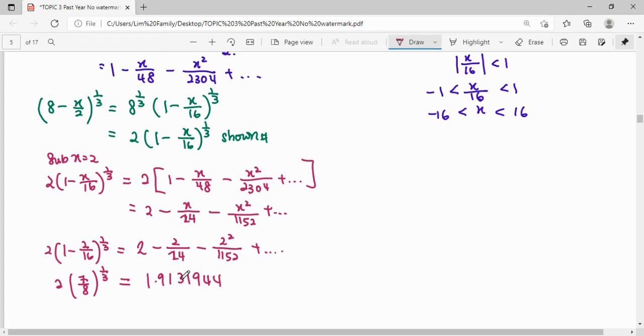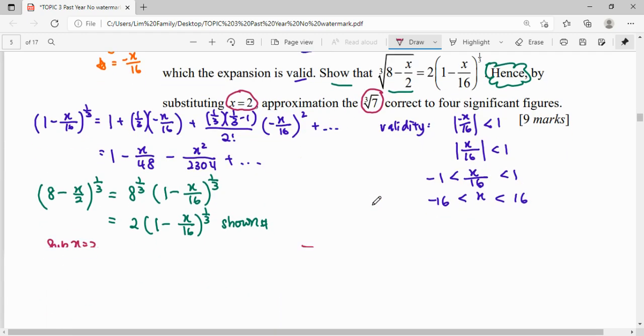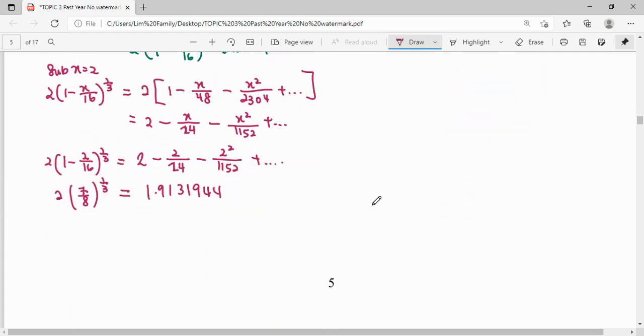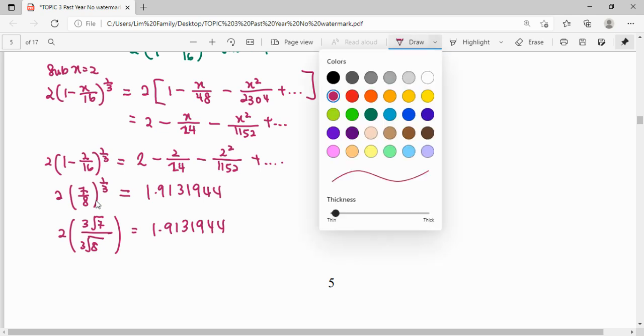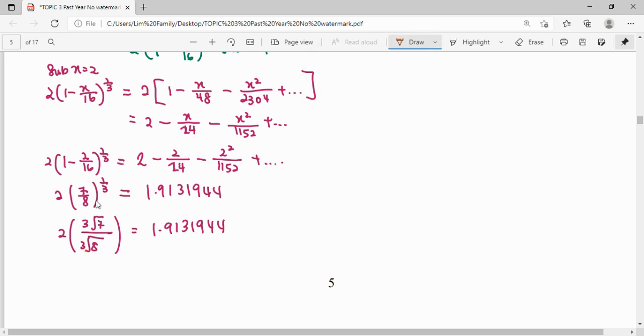Okay, so this is the decimal I pressed from the calculator for the right hand side expansion. From here I'm going to simplify until I can get cube root of 7. In order to get cube root of 7, I am going to cube the denominator and numerator independently, so cube 7 over cube 8. Here is a 2, and I notice that it can be simplified because cube 8 is equal to 2, and this 2 can be simplified.